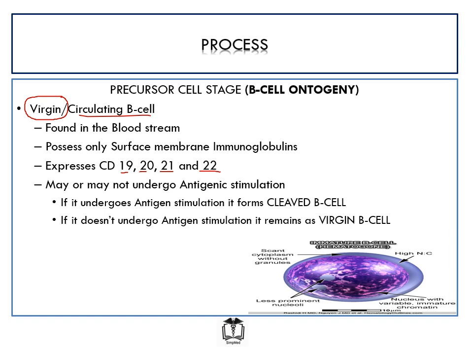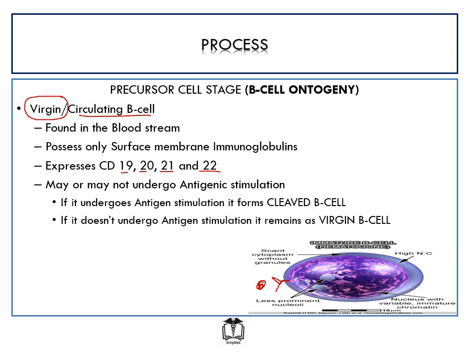So remember that they have a surface membrane immunoglobulin, they have a surface antibody. Let's imagine that the surface antibody on the virgin B cell comes in contact with an antigen. Once that contact is made between the antigen and the surface membrane immunoglobulin, that would lead to antigenic stimulation.